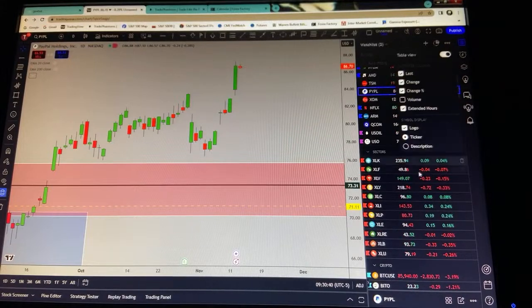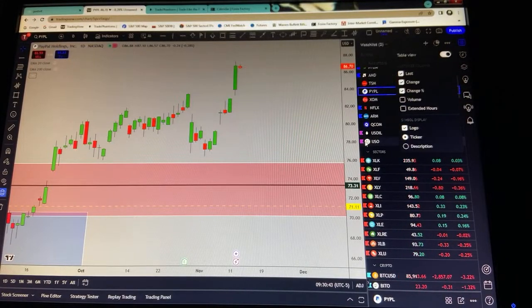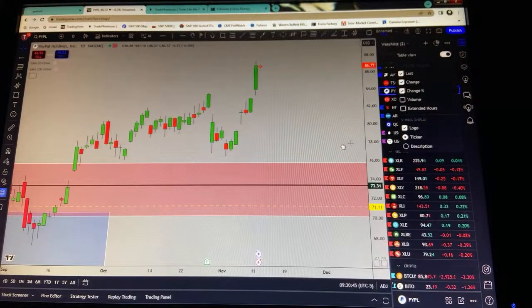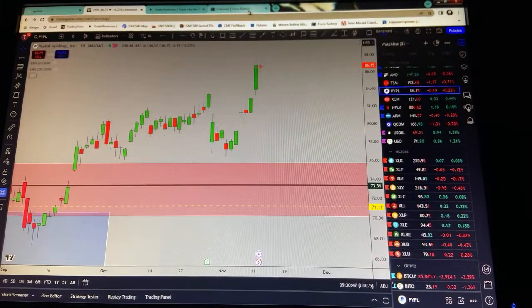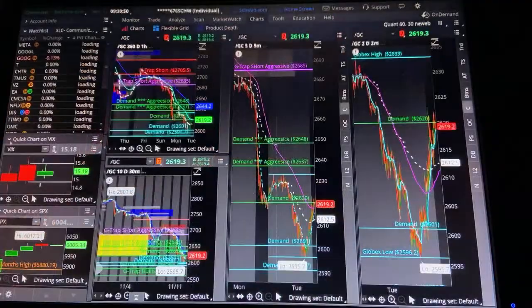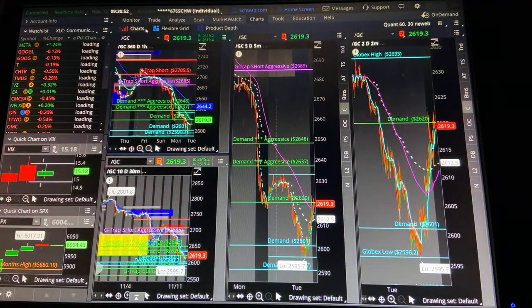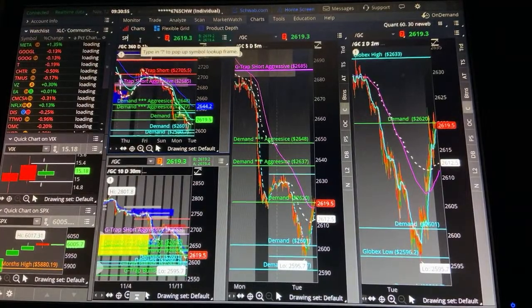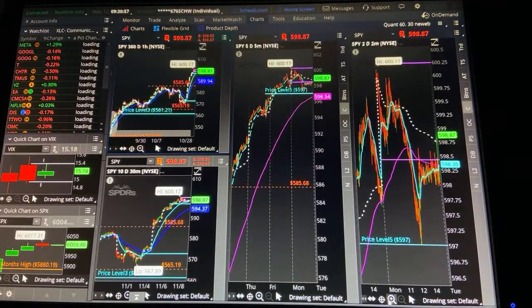All right, let's get to the charts. Open. SPY out the gate, tries to pop a little bit there. Let this fill in. Let's take a quick peek at internals.